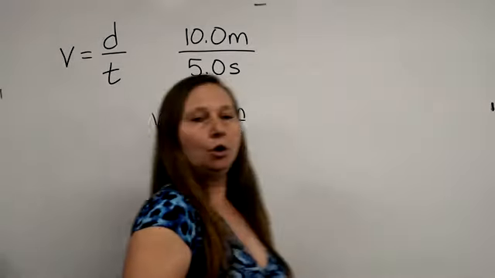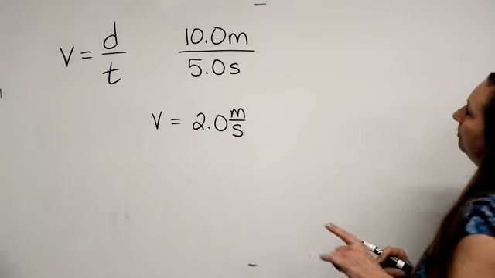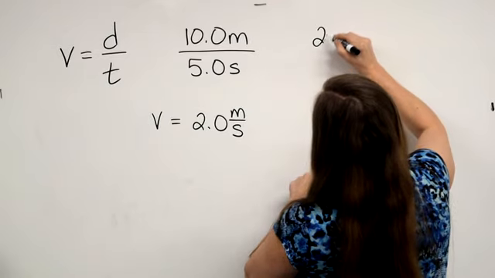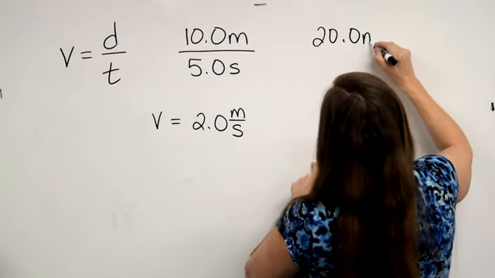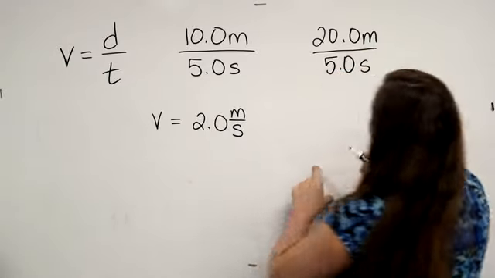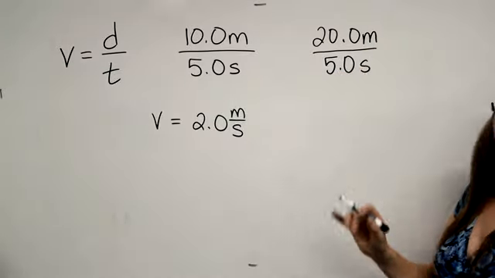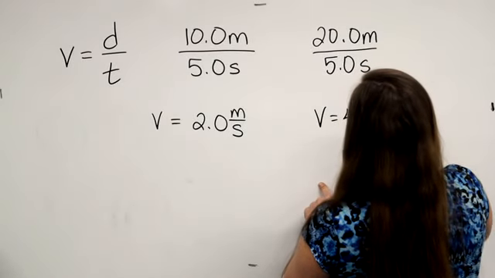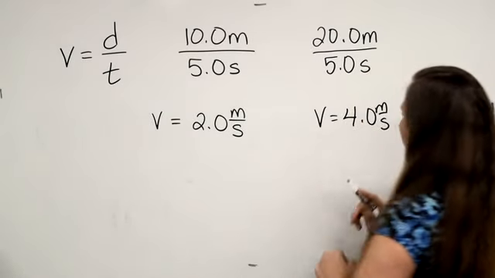Now, what if somebody else covers twice the distance? This person goes 20 meters in the same amount of time, 5 seconds. 20 divided by 5, this person's speed is 4 meters per second.